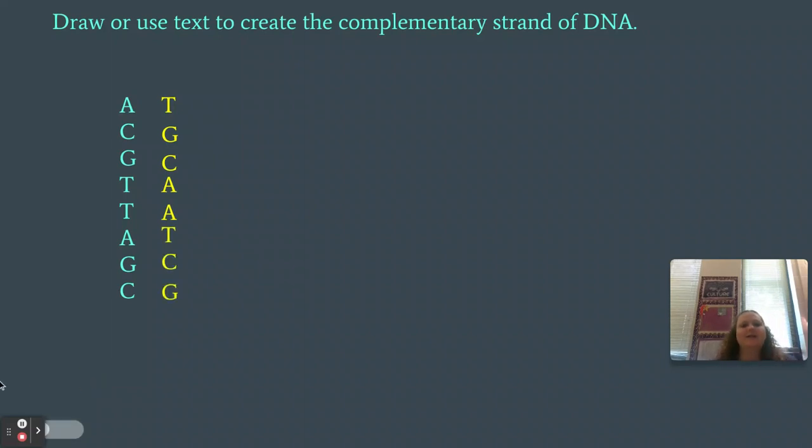So you can see that while the ACGTTAGC side is our primary, our complementary strand is going to be the TGCAATCG that pairs with it. You may be asked to come up with the complementary strand. You might also be asked to come up with a complementary strand in RNA, and we'll get there, and I'll show that to you as well.